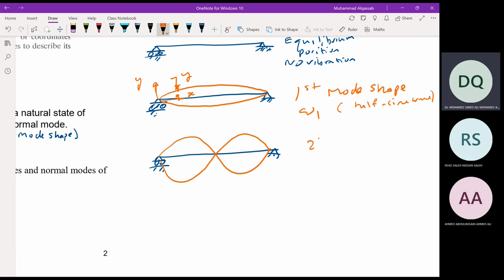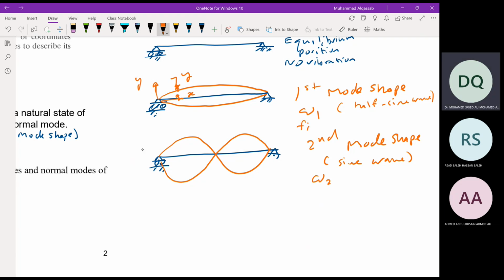This is second mode. And we have here a sine wave. And this is when the beam is vibrating with the second natural frequency.